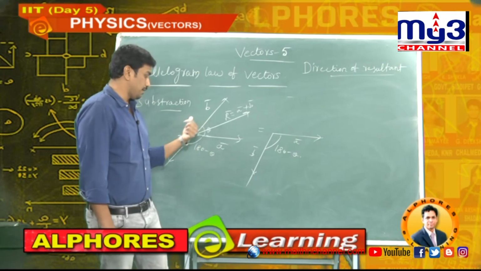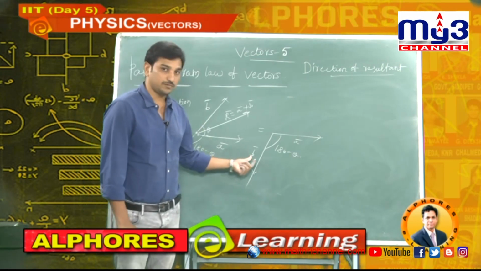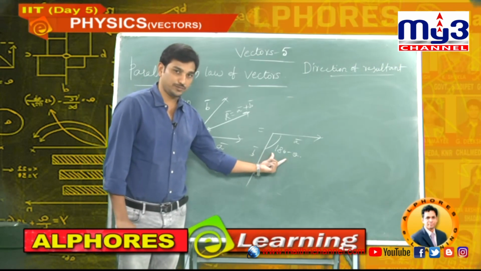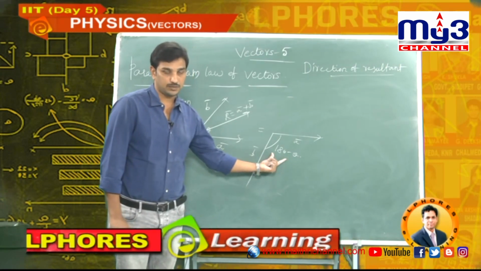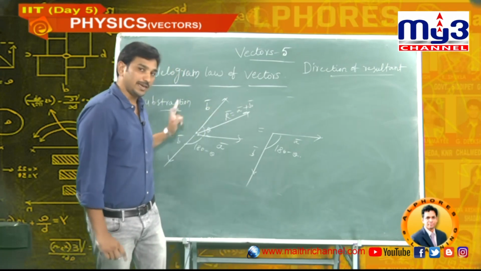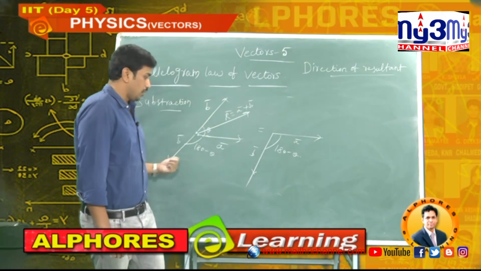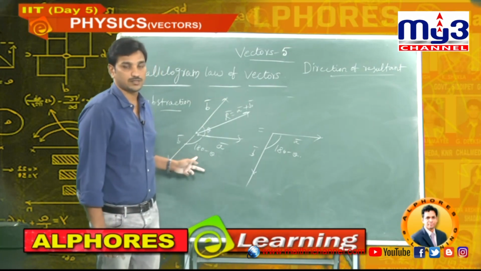Once again, if you turn B bar back, it will become minus B bar. But I am writing B bar because the angle was changed, 180 minus theta. Understood my point? There are two ways you can indicate it: either B bar is made as minus B bar, or you turn B bar and the angle changes to 180 minus theta.